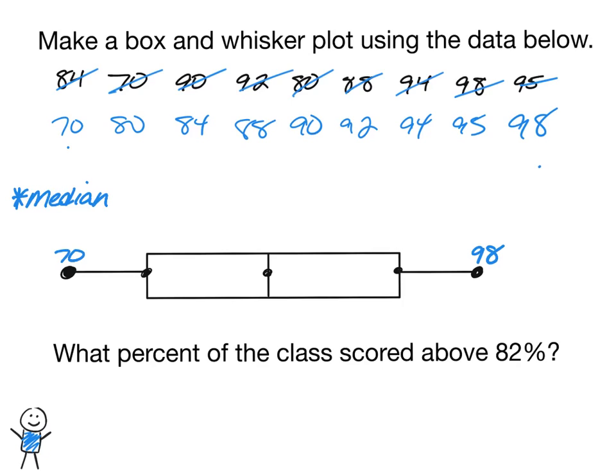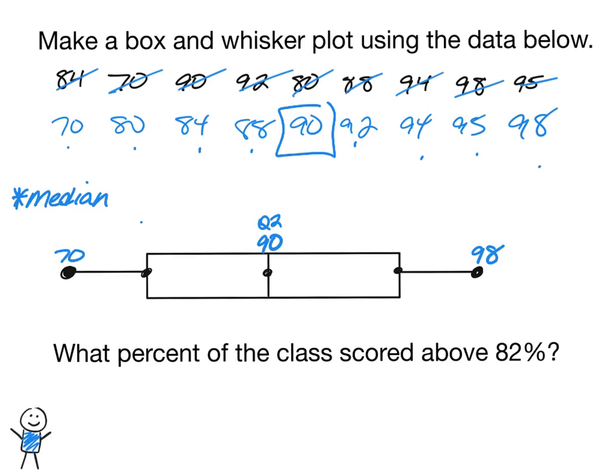So I'm going to work my way in to see which one lands in the middle. Looks like the 90 becomes the median of my data set, which will also be the Q2 of my data. So the center, the median of my box and whisker plot, the quartile 2 marker is 90.